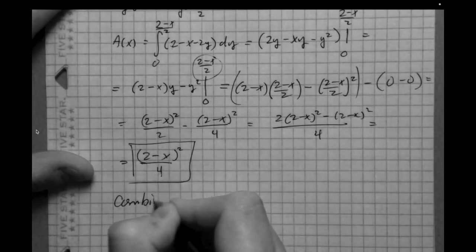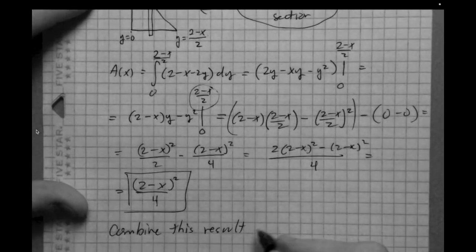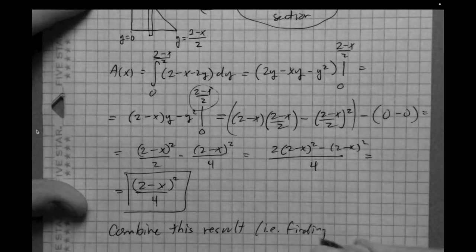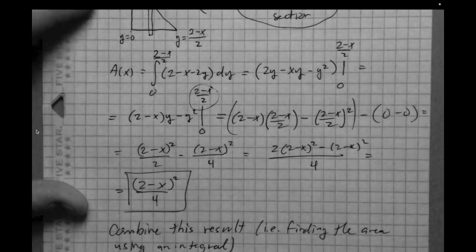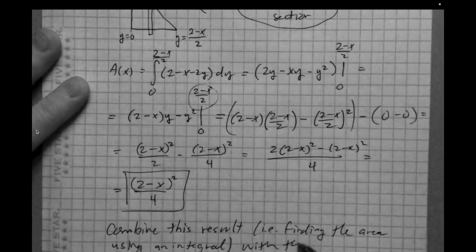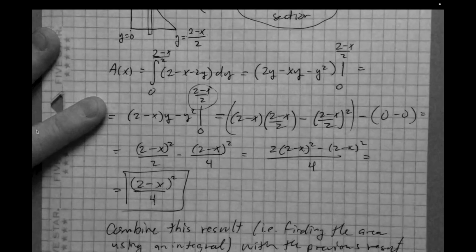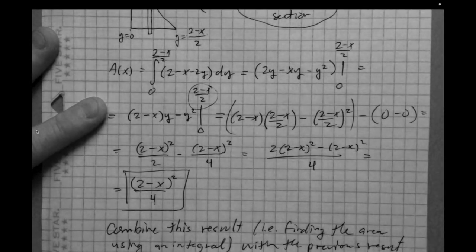So combine this result, i.e. being able to find the area using an integral, with the previous result where we found the volume, i.e. finding a volume by integrating over an area function.